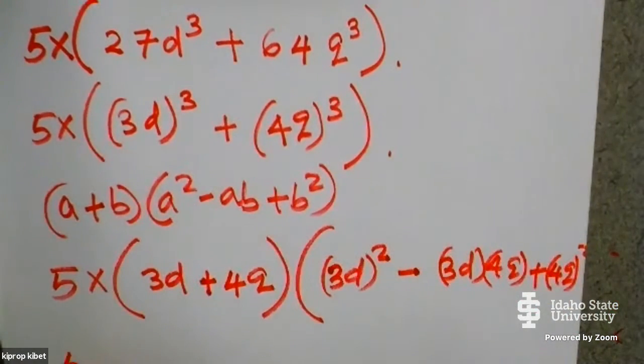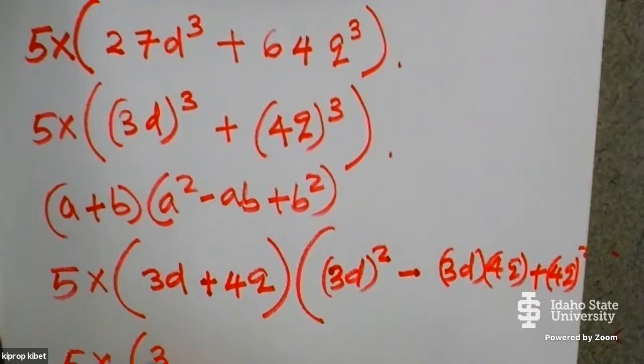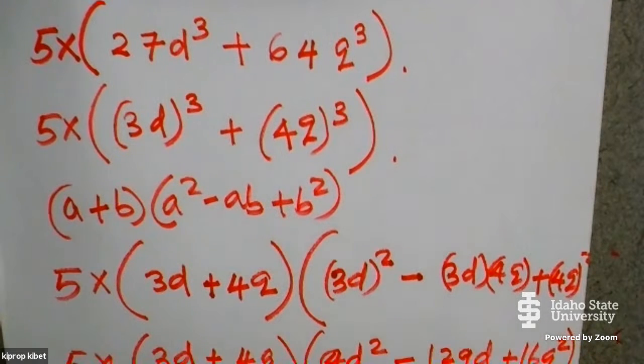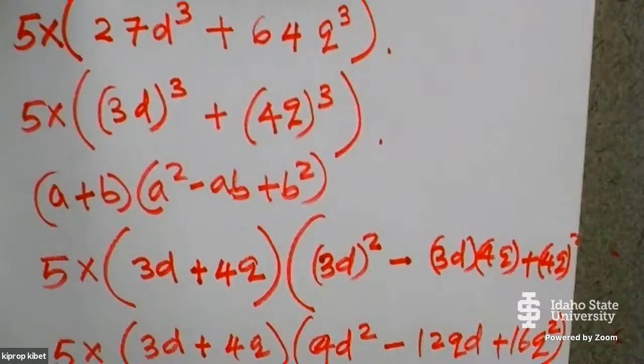So finally, 5x times 3d plus 4, and then 9d squared minus 12d plus 16. And that is the final answer.